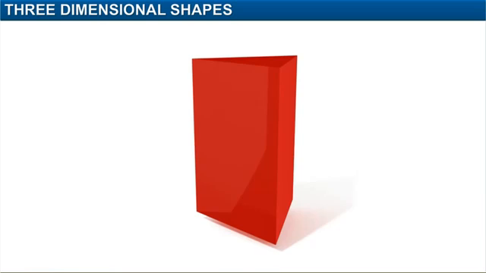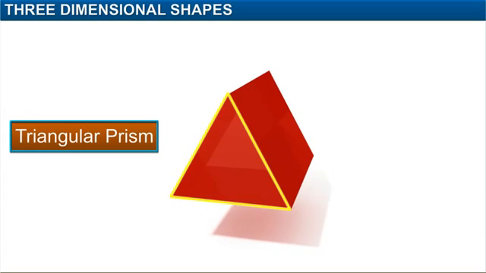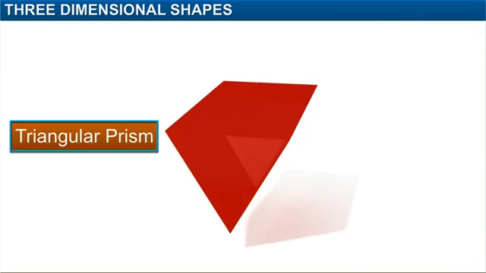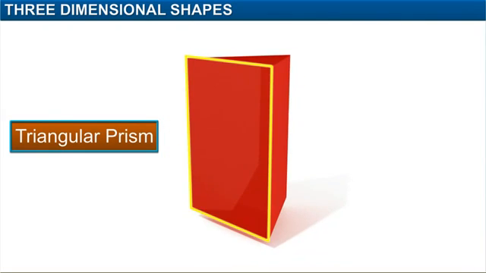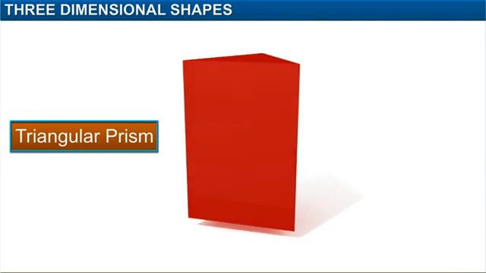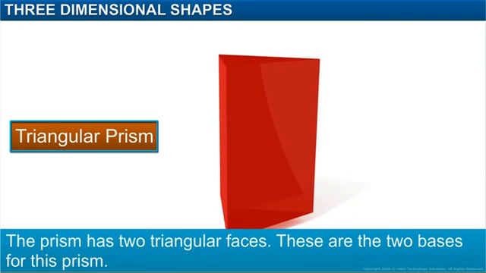Next, let's look at another three-dimensional shape, which is called a triangular prism. A triangular prism is formed with 2 triangles and 3 rectangles. The 2 triangular faces of the prism are called its bases.